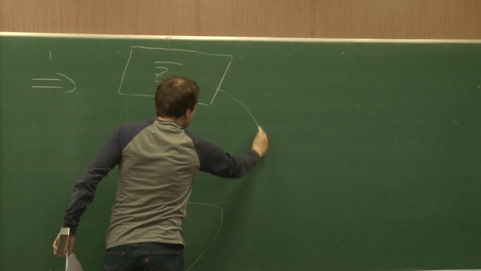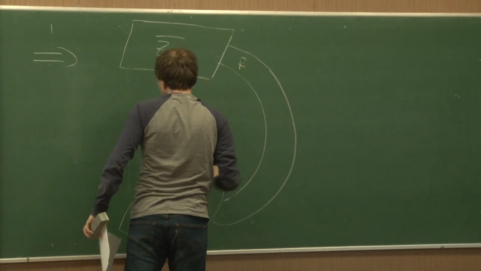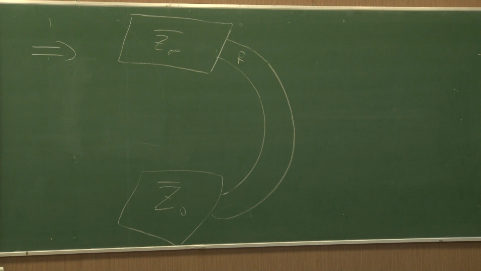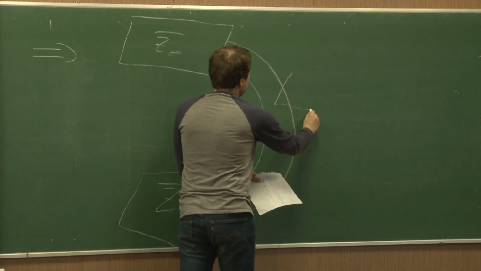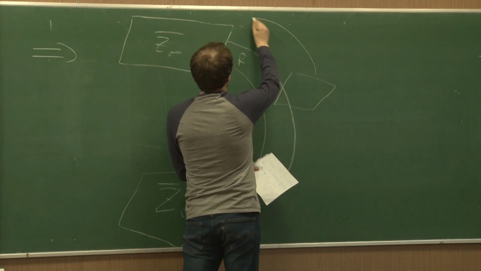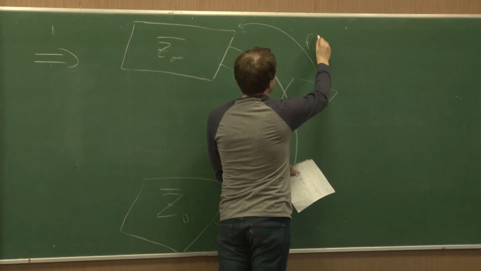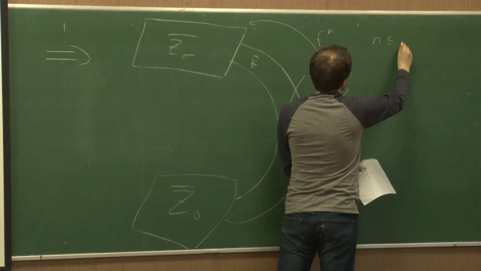So this is R, and then a substantial part of R hits a pre-image, let's say, of the infinity. So n will be less than or equal to the capital N.